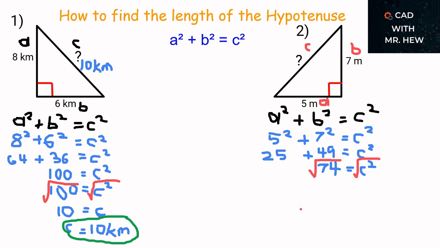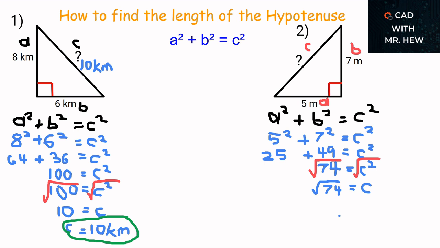Is that clear? Good. Now, what you'll get for the next step is the square root of 74 is equal to C. All right?